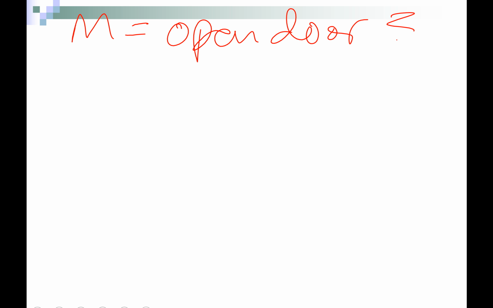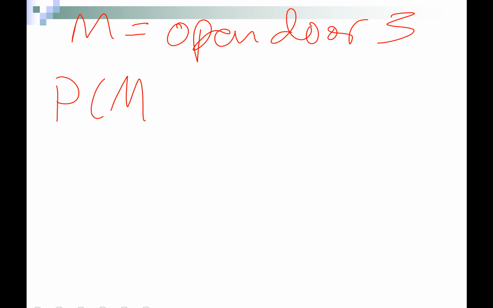Okay, so we're going to say that M means that they open door number 3. All right, so I think M is for Monty Hall.